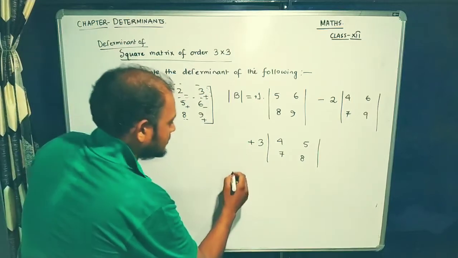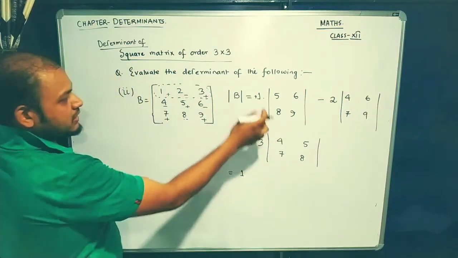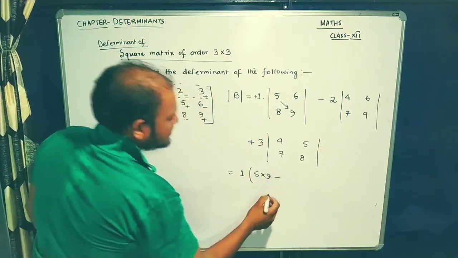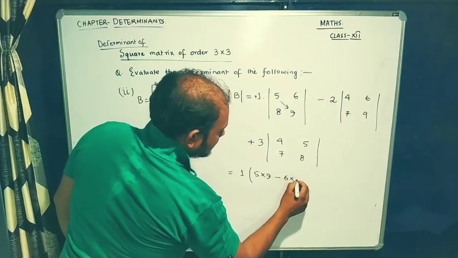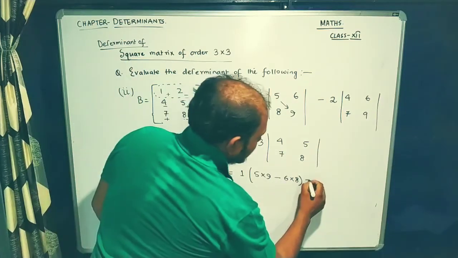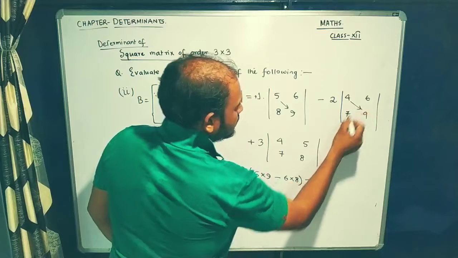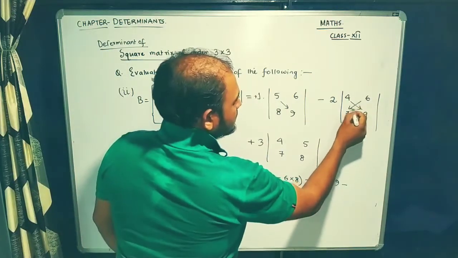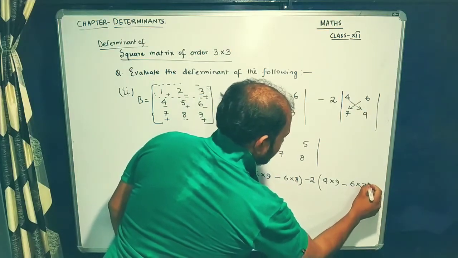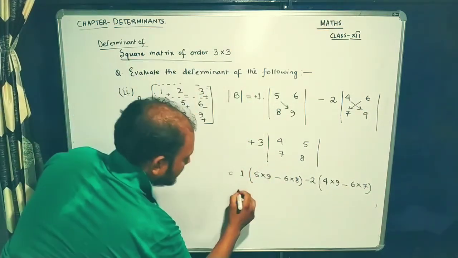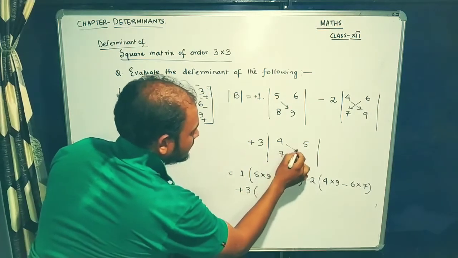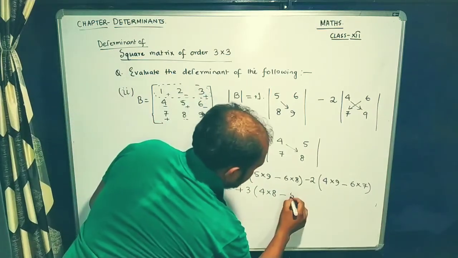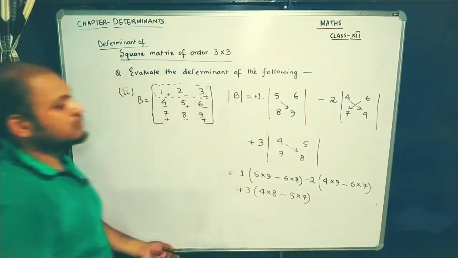So now simplify this. We get plus 1 into 5 into 9 minus 6 into 8, then minus 2 into 4 into 9 minus 6 into 7, then plus 3 into 4 into 8 minus 5 into 7.